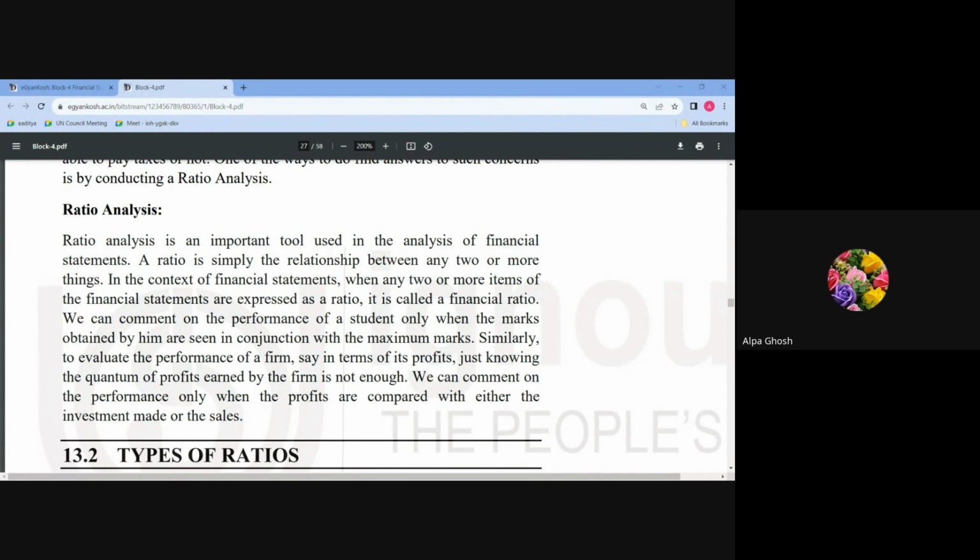What is the net profit if sales is this much? So it establishes a relationship between two variables, and when it establishes a relationship, the answer is expressed in the form of ratio. When we try to find out the ratio from the financial statements, the answer is known as financial ratio.